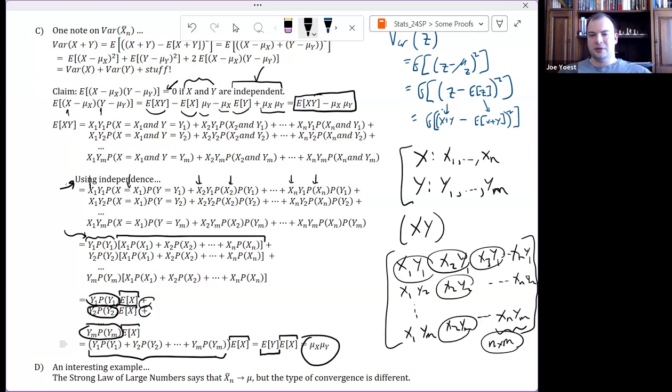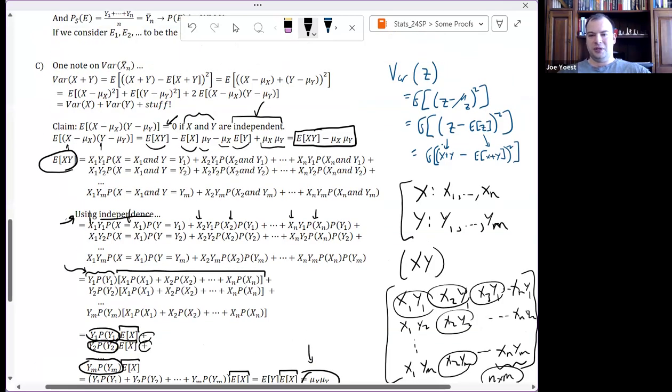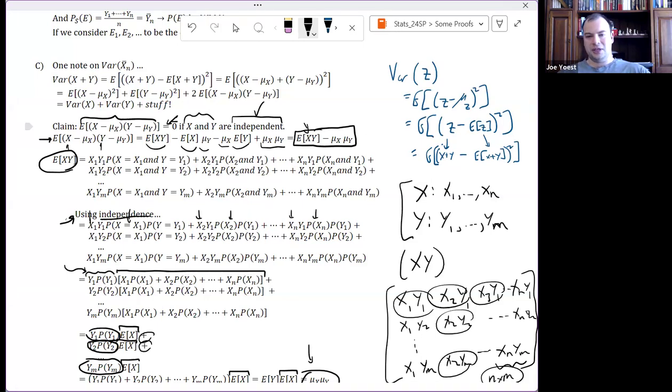And I end up with the result that under independence, expected value of X times Y equals mu X mu Y, which means their difference is 0, which is this, which means that this stuff is 0, which means this stuff goes away if we have independence. So under independence, the variance of X plus Y equals variance of X plus variance of Y. Under independence, the variance splits sums apart.